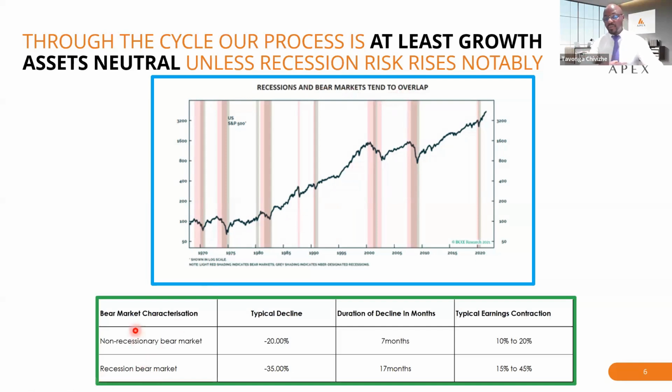And you can see from a historical study of the anatomy of bear markets, in a non-recessionary bear market environment, you typically have 20% declines, whereas in a recession-induced bear market, the drawdowns are a little bit deeper at 35%, and the earnings contraction is anything between 55 and 45. And you would know our philosophy is that prices follow earnings.